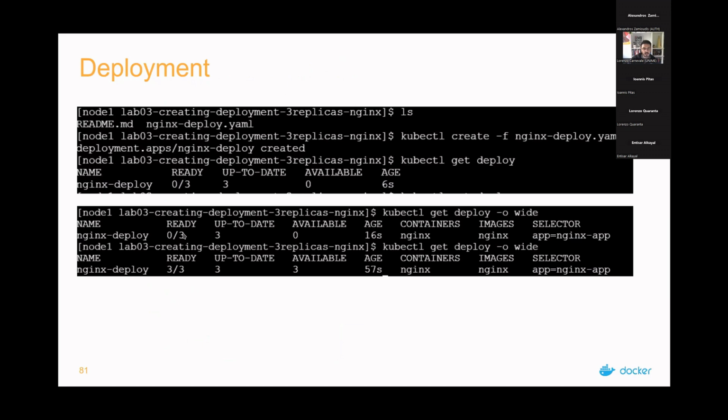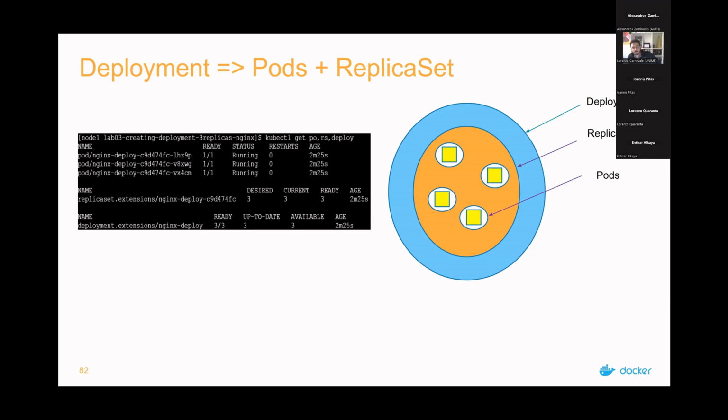So after just 6 seconds, and then after a while, more or less 1 minute, we can see that these three replicas of Nginx are ready, and the three of them are available to be used. So at the end, the deployment is a way to have the pods and the replica set.